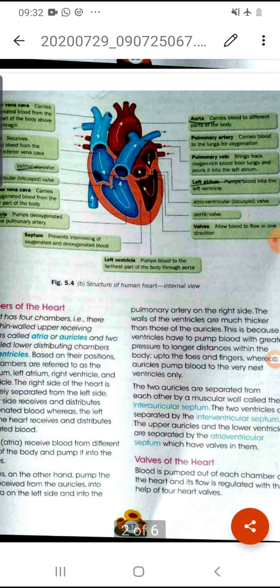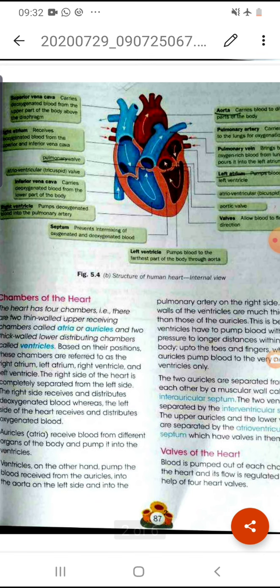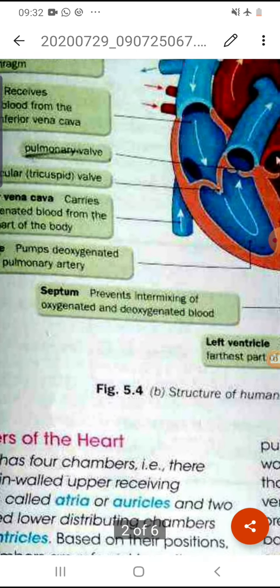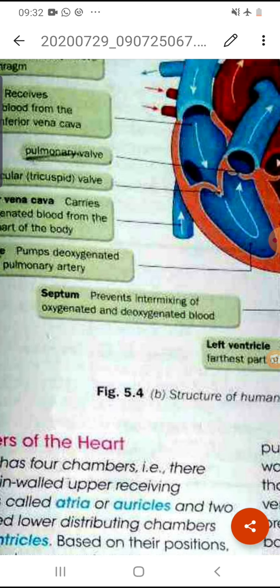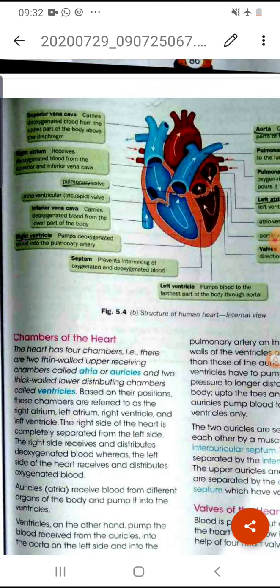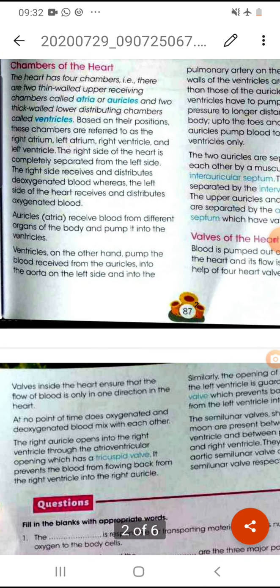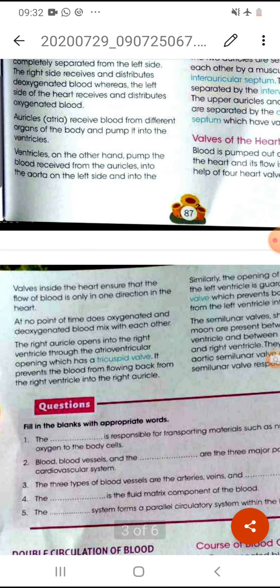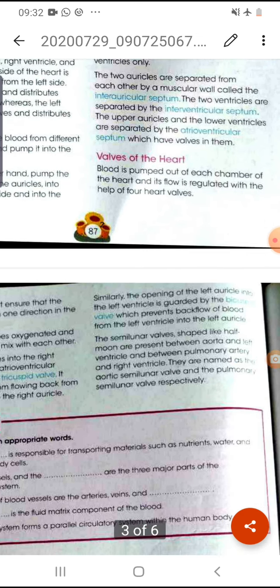So you see, between the right ventricle and right auricle, the connection is the tricuspid valve. You can see here, this triangular shaped structure is there, no? That is actually the valve, and it is present between the right auricle and right ventricle, and it prevents the blood from flowing back from the ventricle to the auricle.